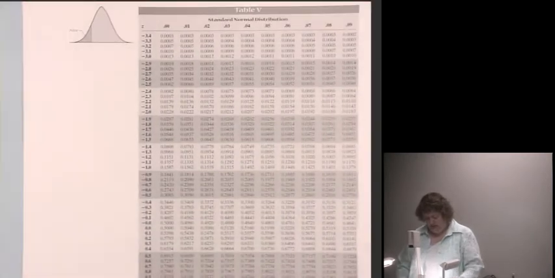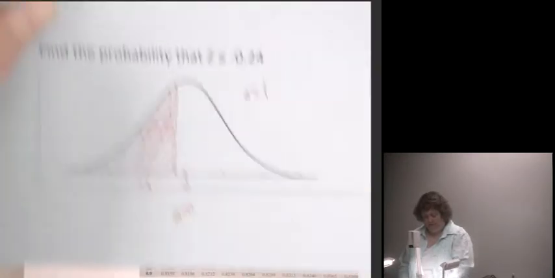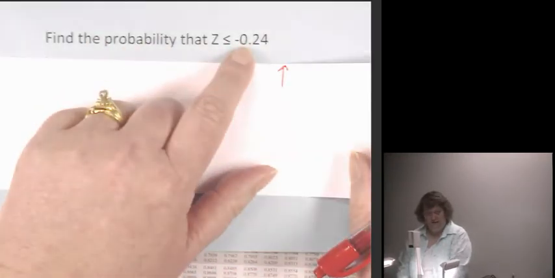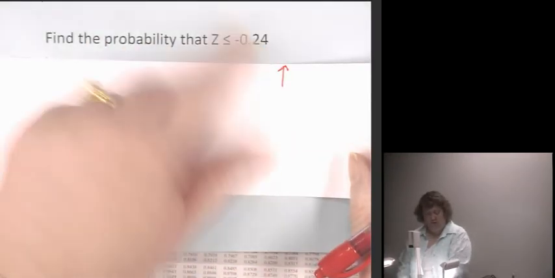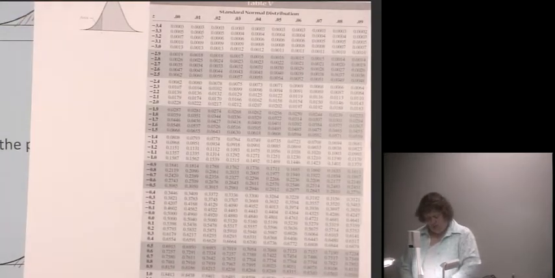Again, taking our chart, the first number was 0.24. When we looked up 1.3, we looked over here at 1.3 and then over to the 7.